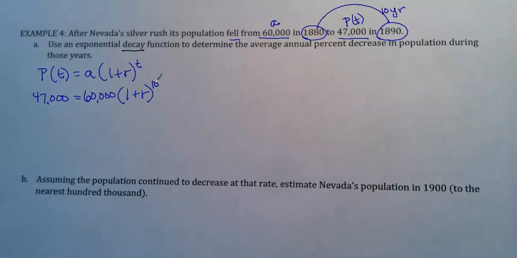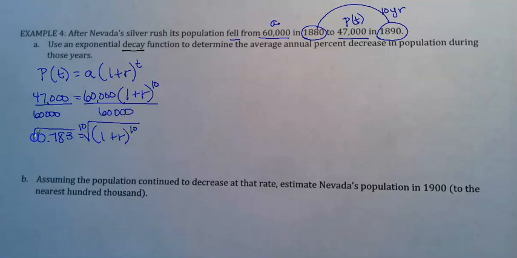So we're going to go about solving this the same way we just did the last one. We would divide by 60,000 on both sides. Then that would give me 0.783 is equal to the quantity 1 plus R to the power of 10. I find the 10th root of that, and then I get 0.975876. And the longer you write this out, the more precise you're going to be.